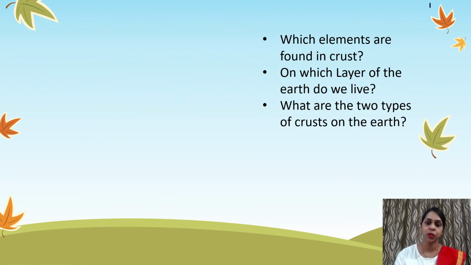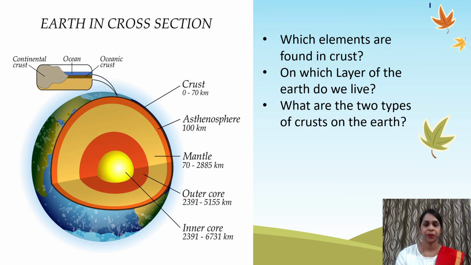Students, here are some questions for you. Tell me which elements are found in the crust. Yes, silica, magnesium, aluminium are found in the crust. On which layer of the earth do we live?